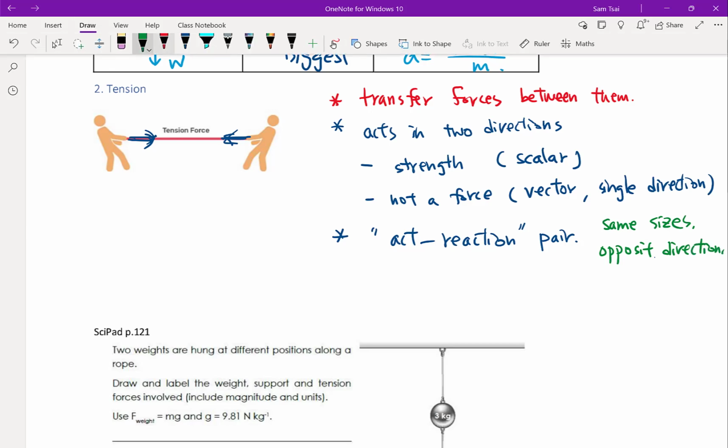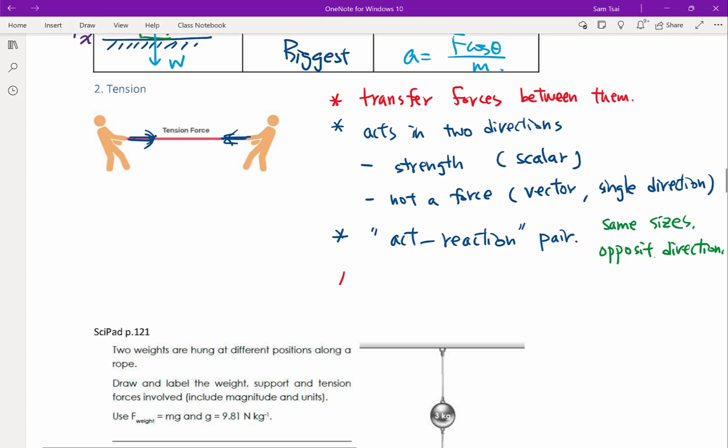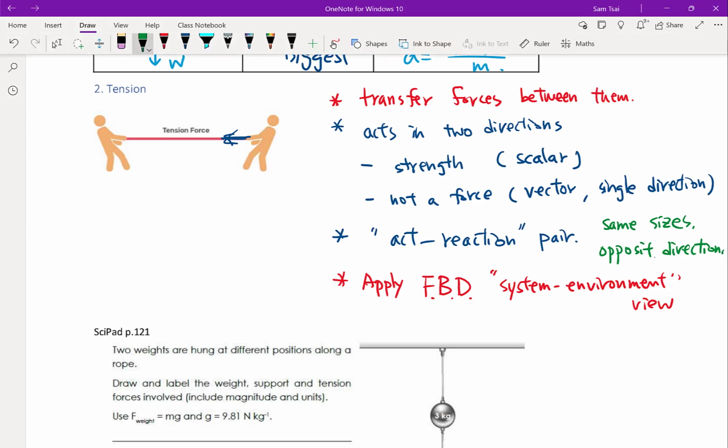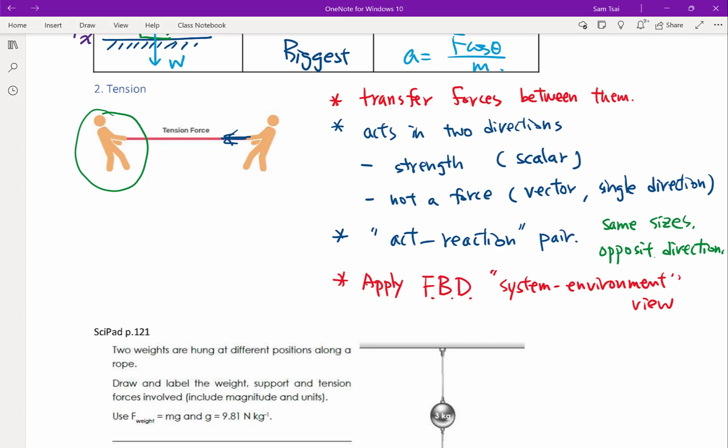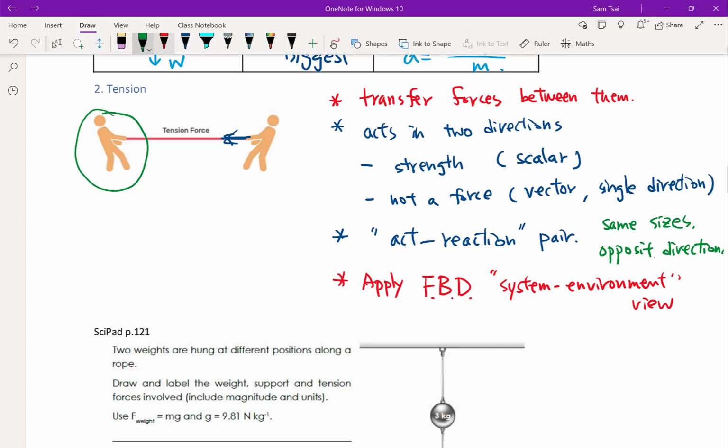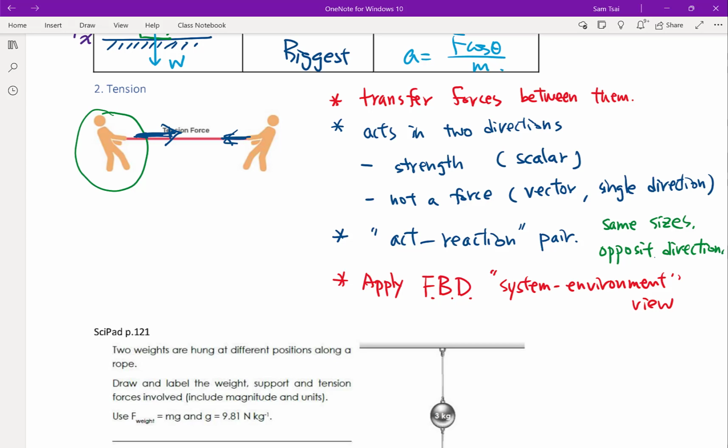Okay, how can we find out the tension? We need to apply what we learned: apply the free body diagram, FBD, or the system and environment view to find how big the tension is. For example, if we choose this person as the system, then the tension becomes an external force acting on this person.